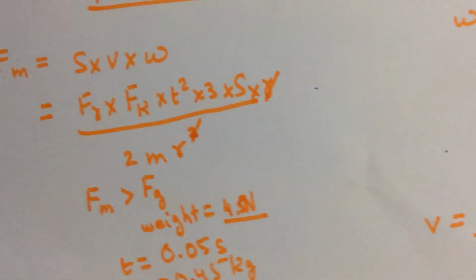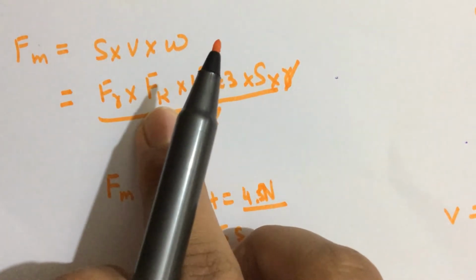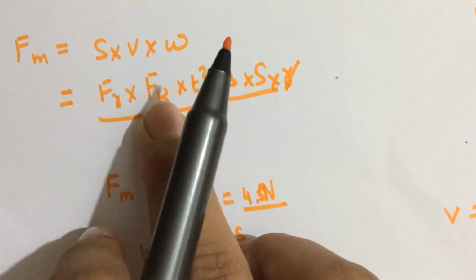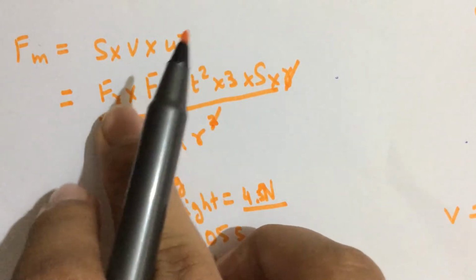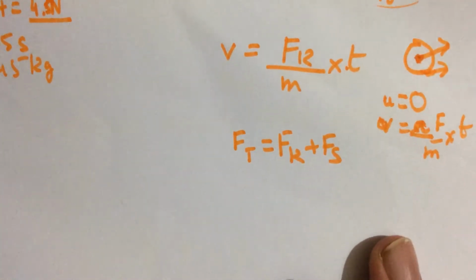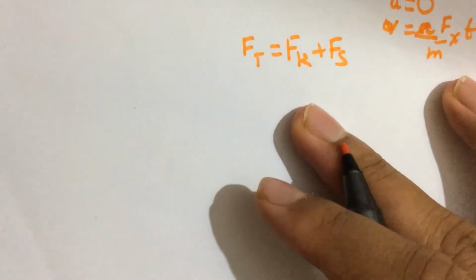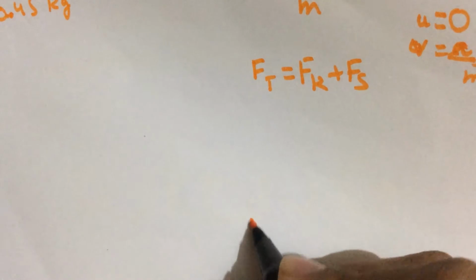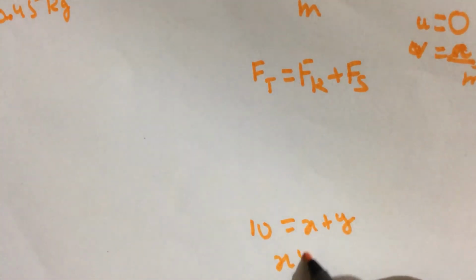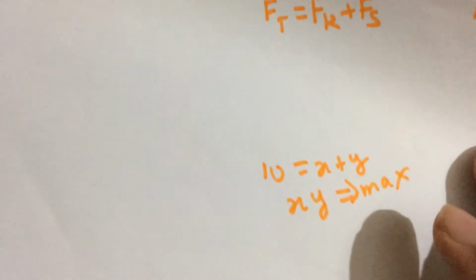Now the thing is that both these values are being multiplied. So we need to find how to split a number, multiply the two numbers that we get, and get the maximum amount. And that is possible if we split a number, say we've got a number 10, okay? And we need to find two numbers that add up to 10, and xy should be the maximum value.